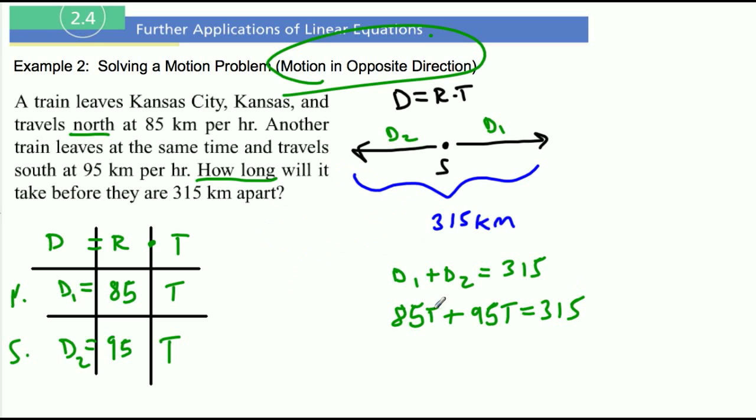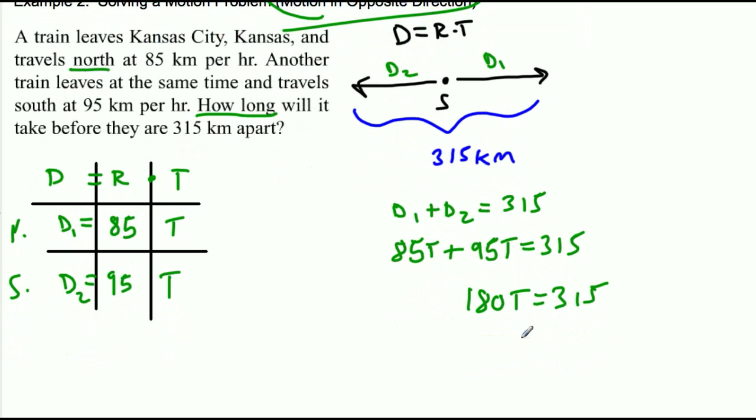So 95 plus 85, what's that? It's going to be 180t equals 315, and so that means our t, which stands for time, is 1.75. Now we don't want to just stop there, because we have to give some context to the problem. This is why anytime you have a word problem, you want to make sense of this.